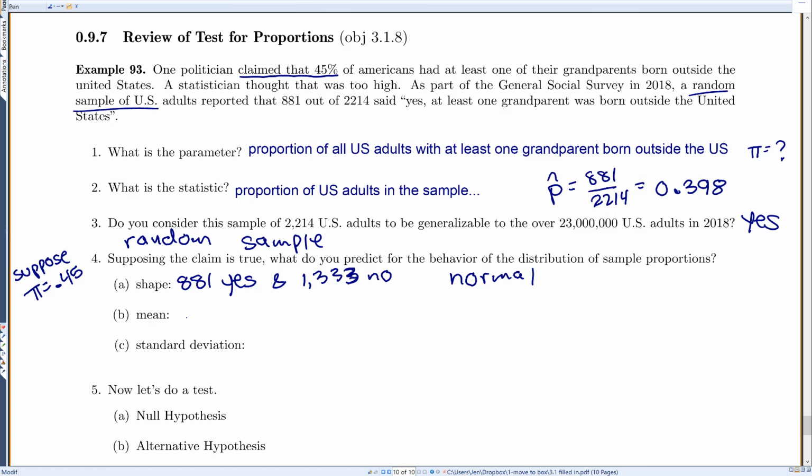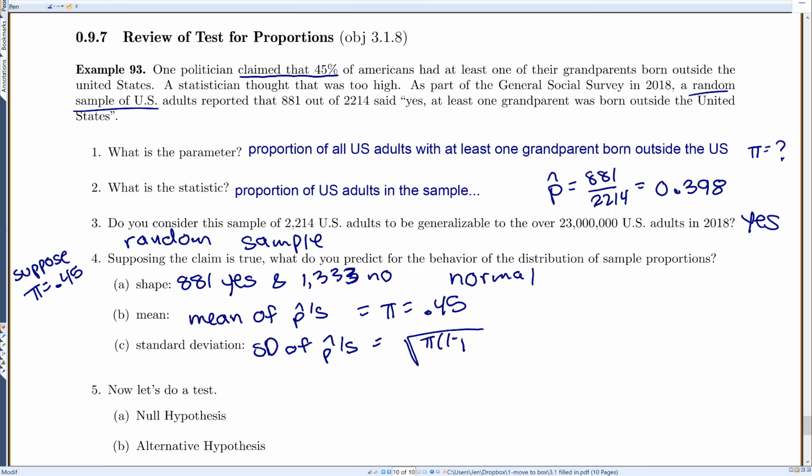My mean should be equal to just pi equals 0.45. So my mean of my p hat should be equal to pi, so 0.45. And my standard deviation of my p hat should be equal to the square root of pi times 1 minus pi, all over n.